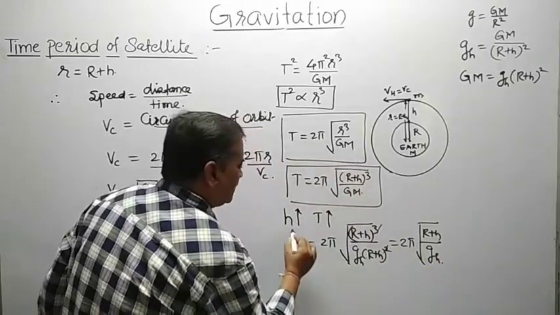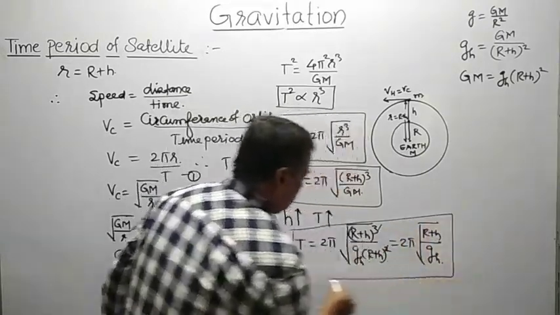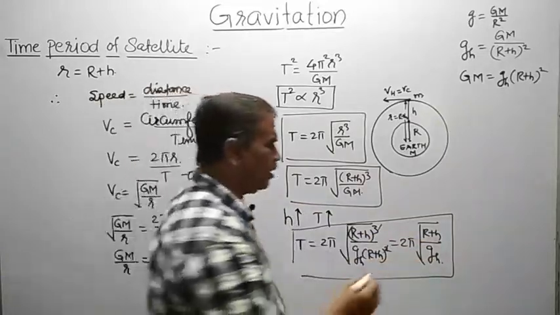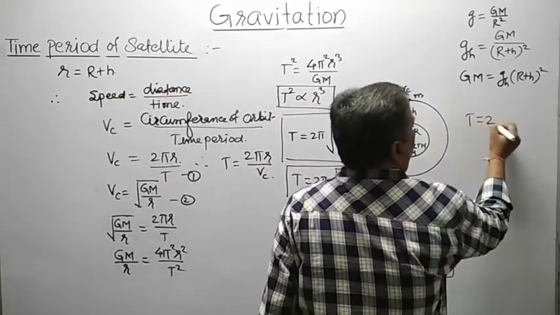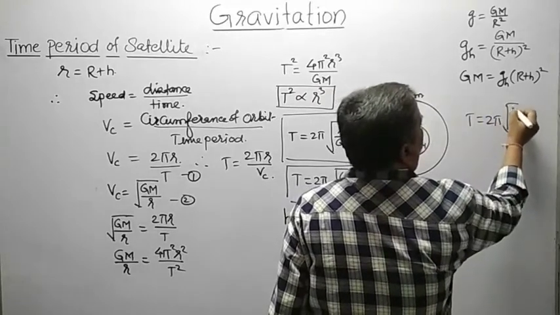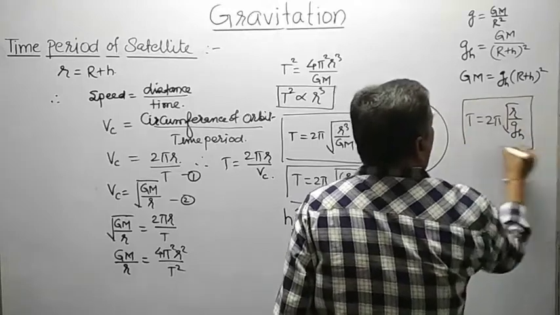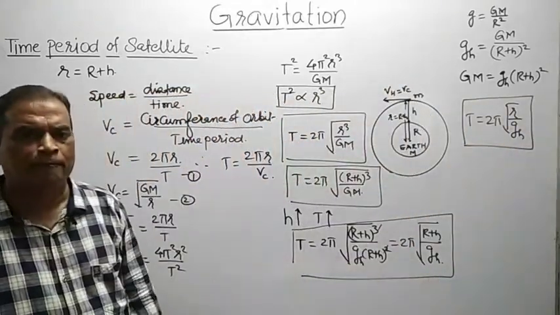So time period T can be expressed as 2 pi under root of (R plus h) upon gh.